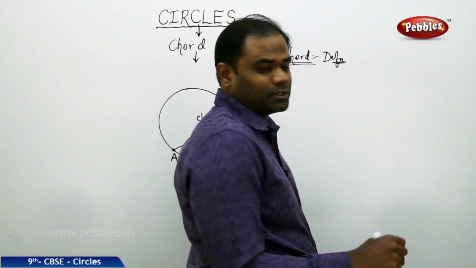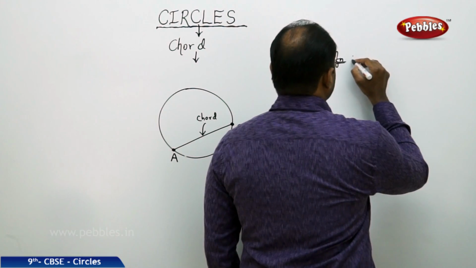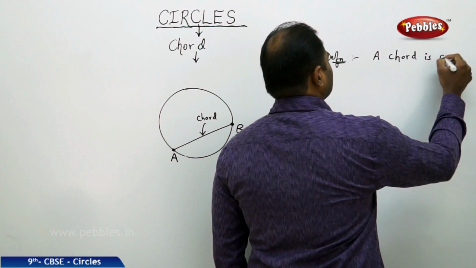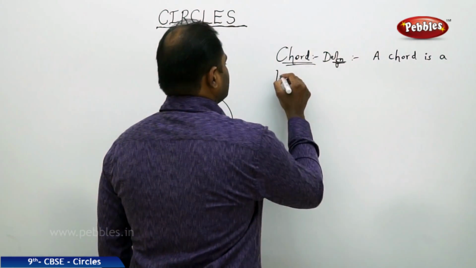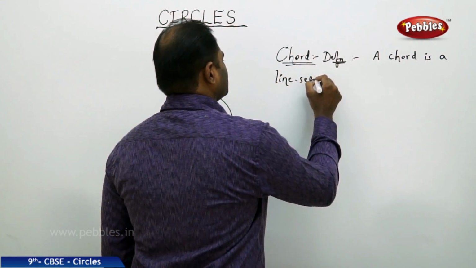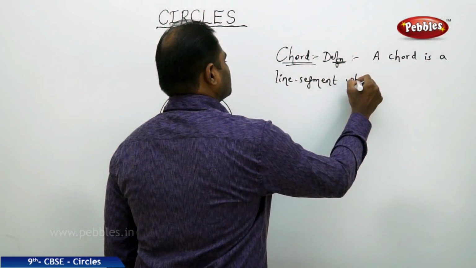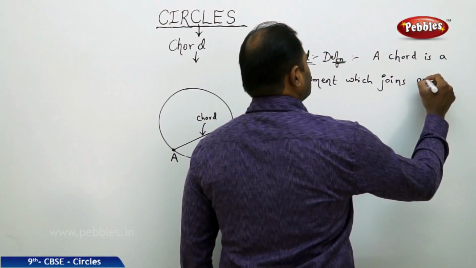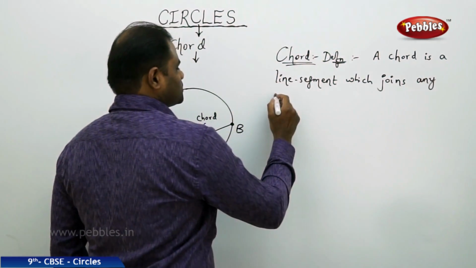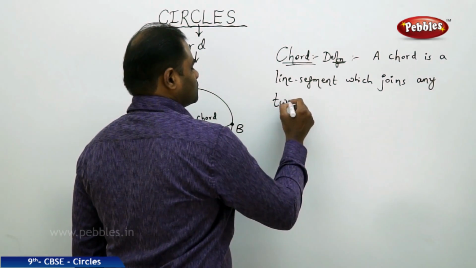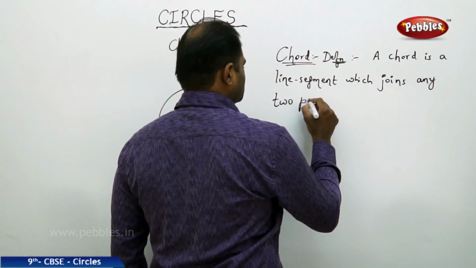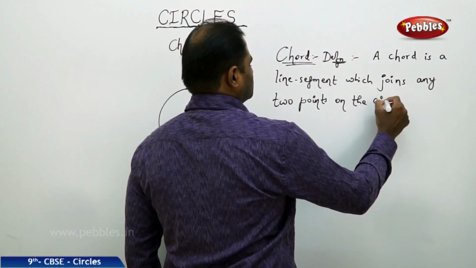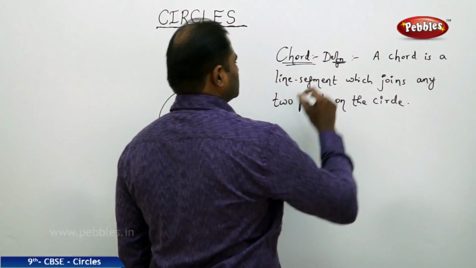The definition in words is that a chord is a line segment which joins any 2 points on the circle.